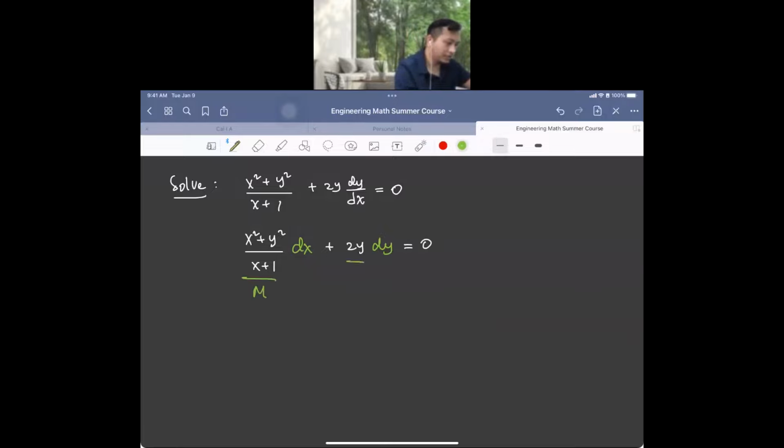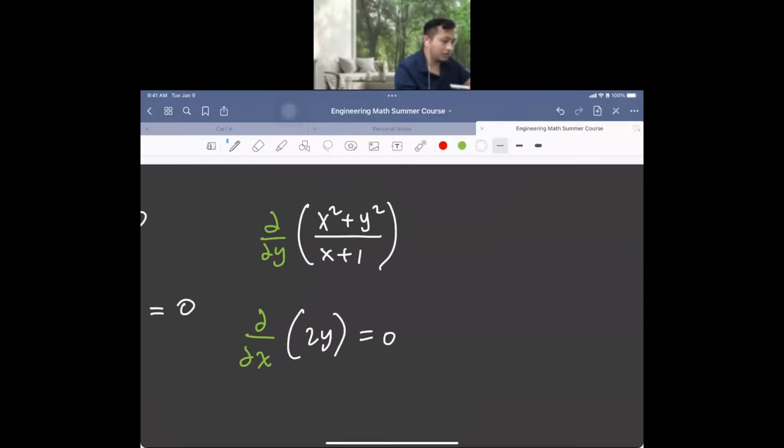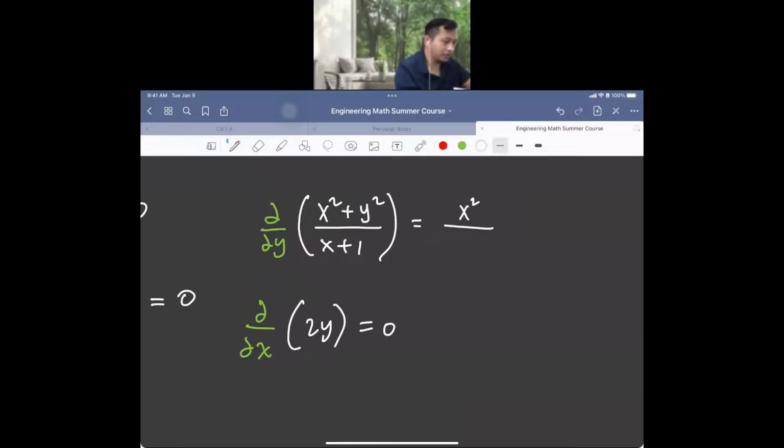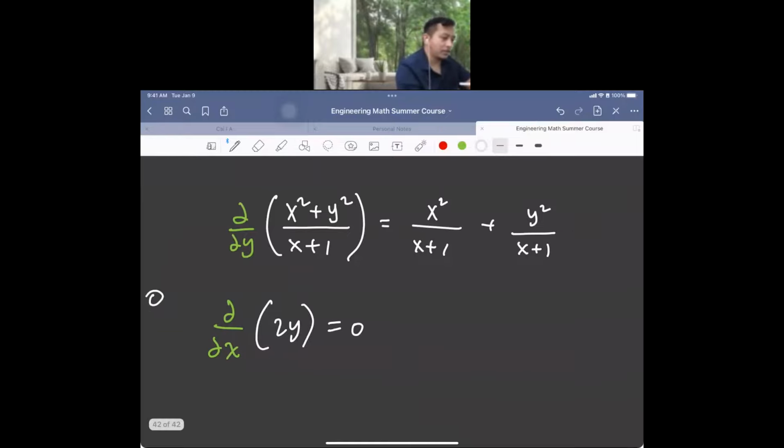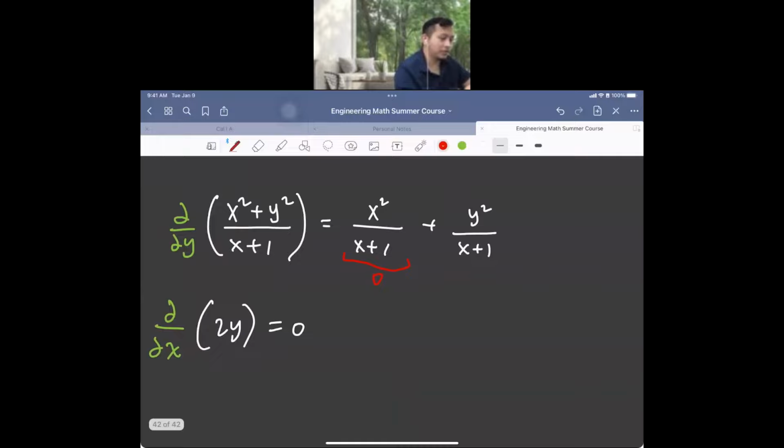We take this as M, take this as N. We take the partial of M with respect to y, and we take the partial of N with respect to x. The partial of M with respect to y becomes 2y over x plus 1, and the partial of N with respect to x becomes 0, because it's just y.